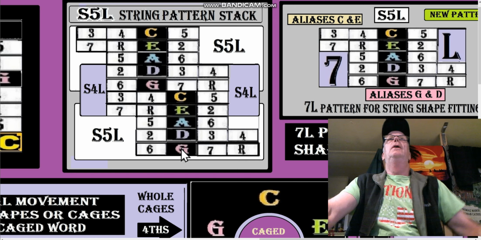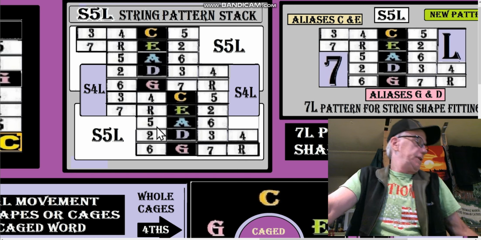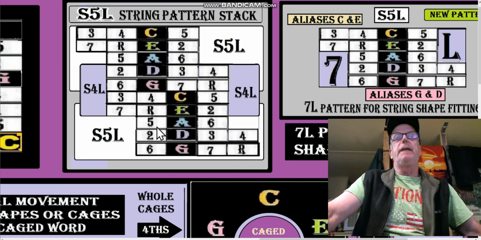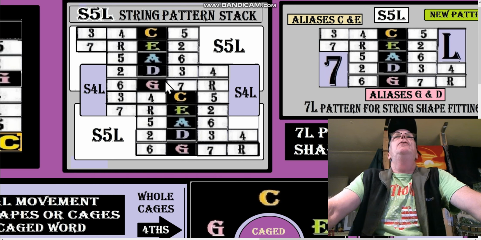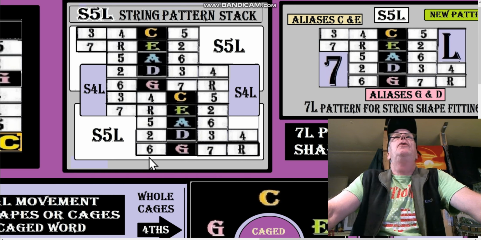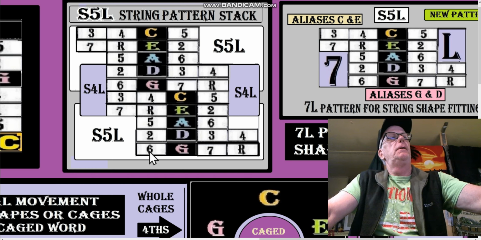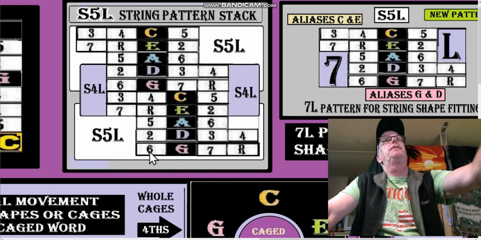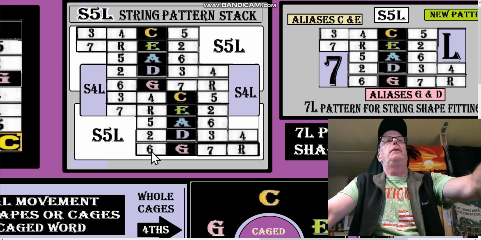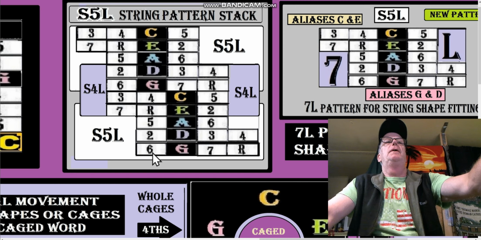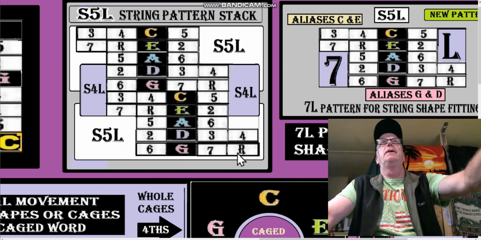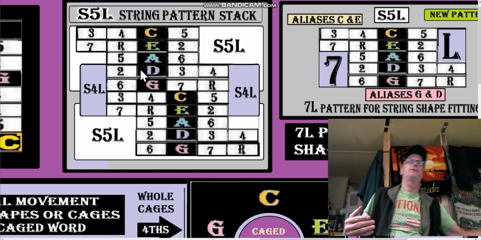So, let's say we're in the key of A, alright? If we're in the key of A, then what would the 6th be? It'd be F sharp. So, in the key of A, the 6 would be the F sharp. The 7 would be the G sharp, and the root would be A. So the pattern would still persist.